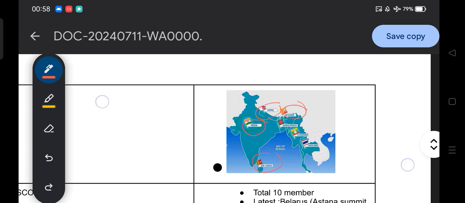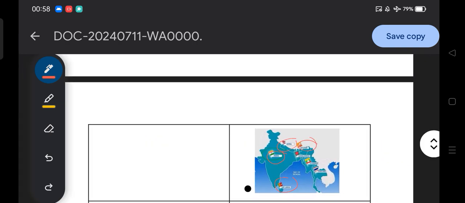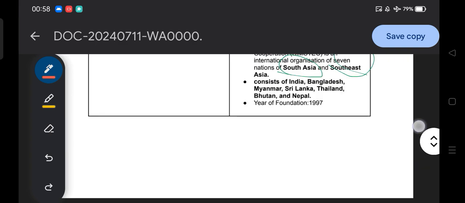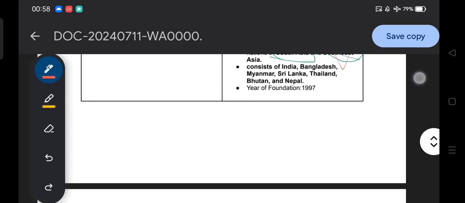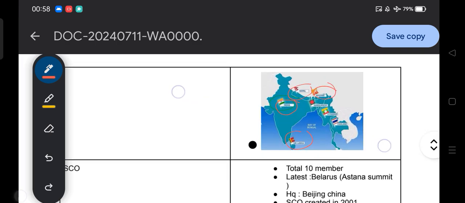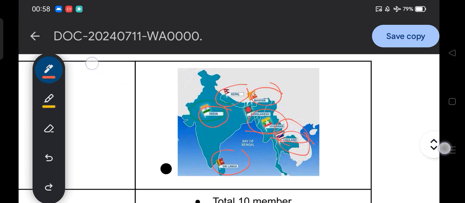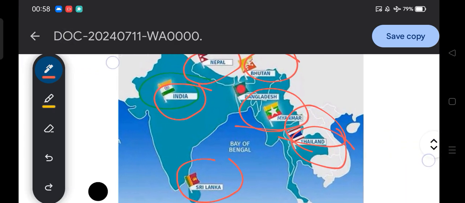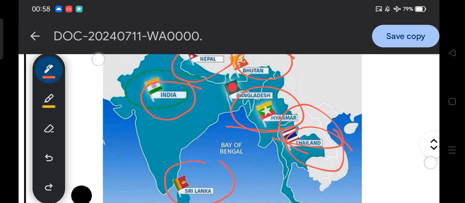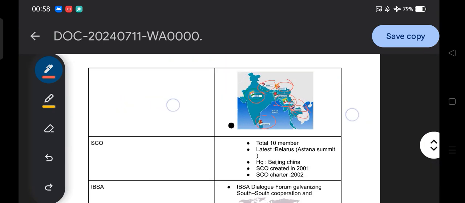These are the South Asian countries that are part of BIMSTEC. There are also Southeast Asian nations in BIMSTEC: Thailand and Myanmar, along with Bangladesh.